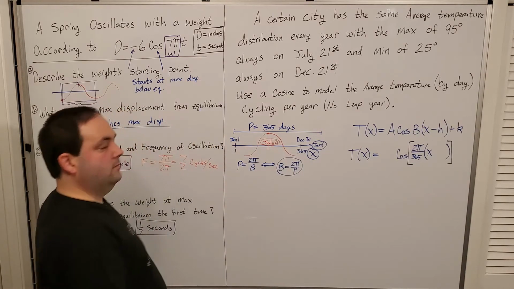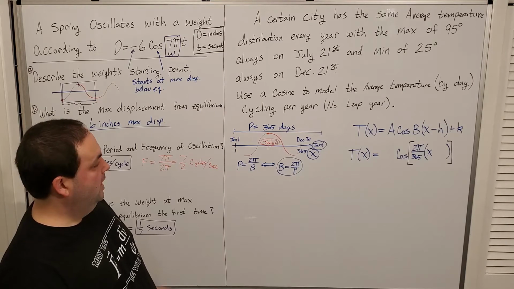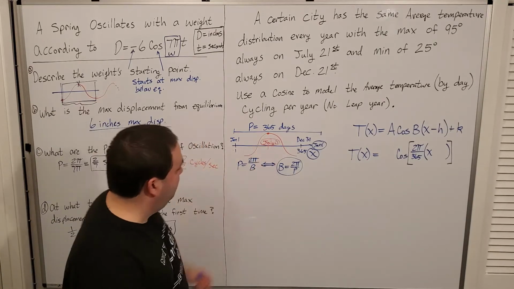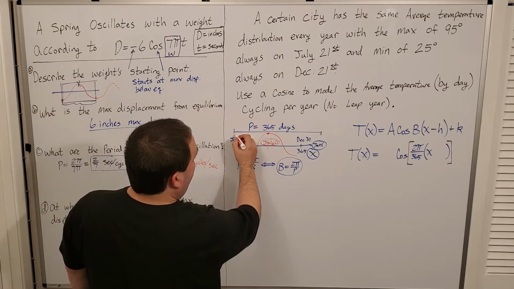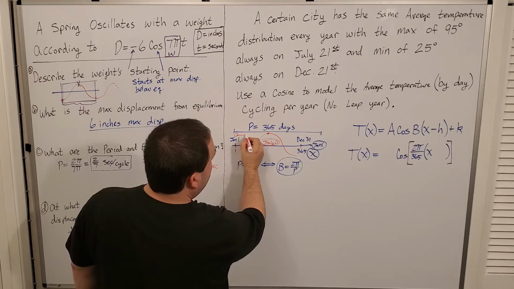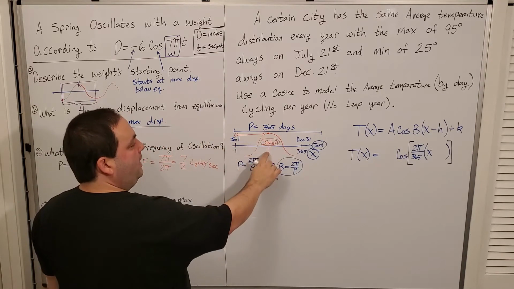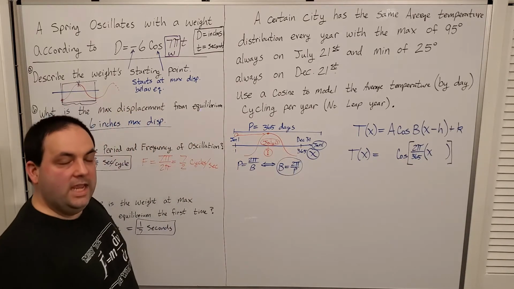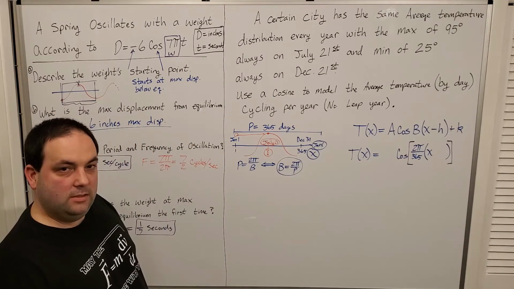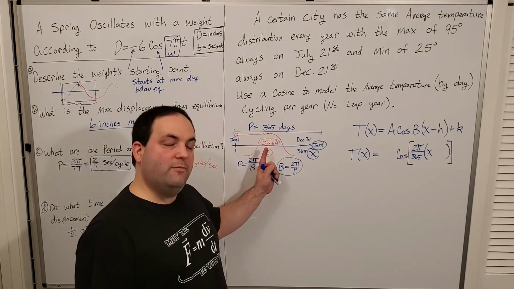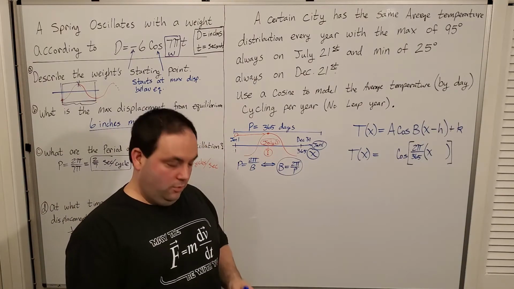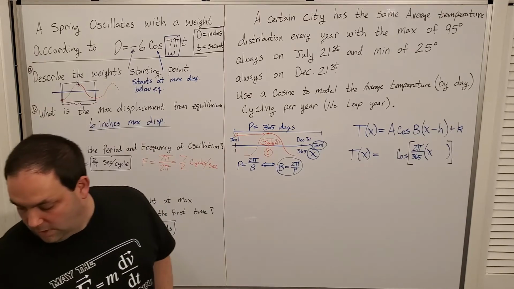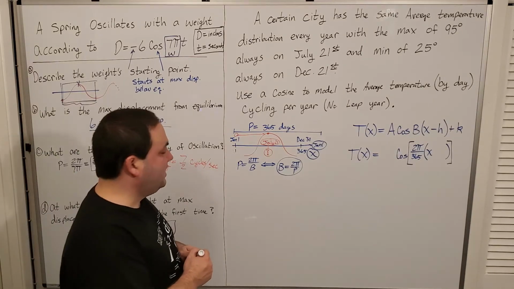Like that. That's going to be the peak. So guess what? That's my shift. It's been shifted from the beginning point over to that point. So if I can figure out what number day July 21st is, then that's the number of my shift into this thing here. Okay? So let's calculate that.